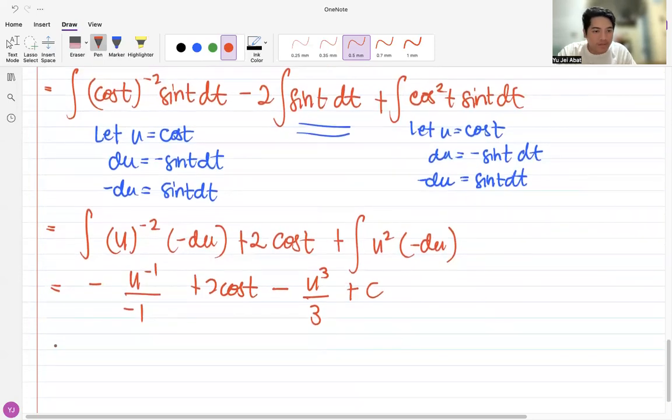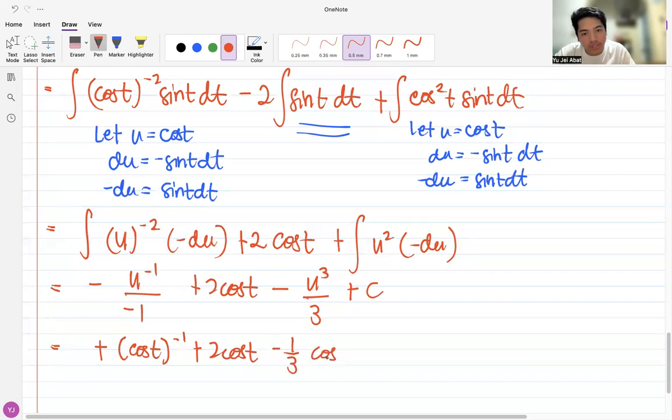That becomes negative of negative, so that must be positive. U raised to negative 1, which is cosine of t raised to negative 1, plus 2 cosine of t minus 1/3 cosine cubed of t plus c.